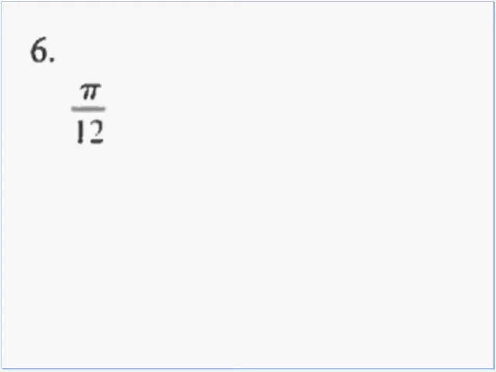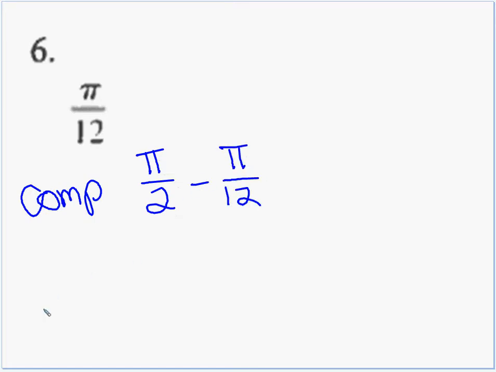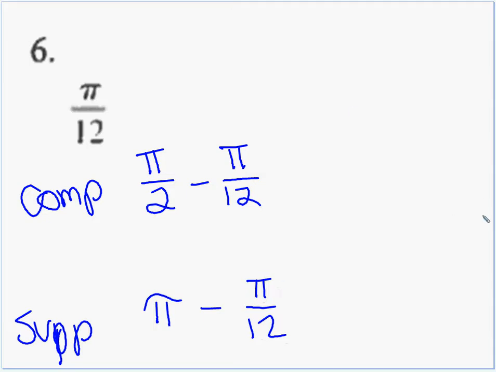Number 6, complement and supplements in radians. So the complement is going to be half pi minus the given angle, pi over 12. And the supplement will be 1 pi minus the given angle, pi over 12. Let's see this complement up here. Let's get a common denominator.